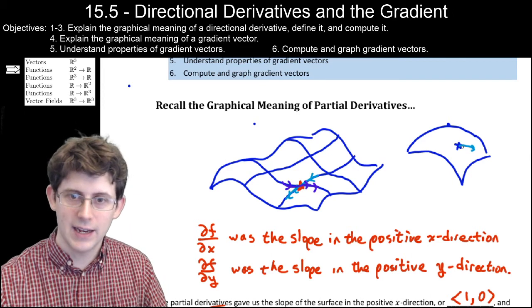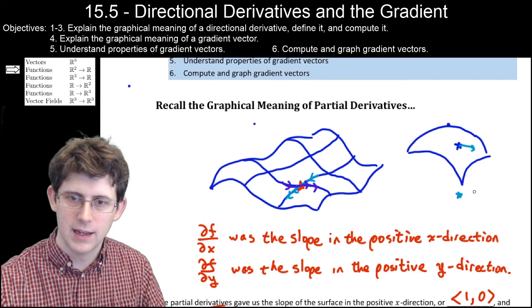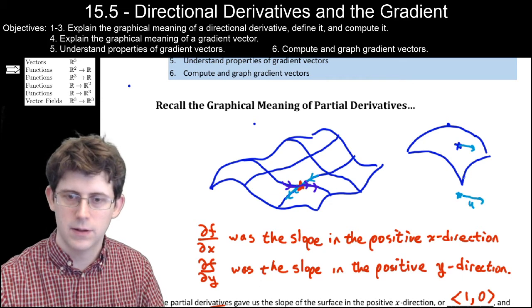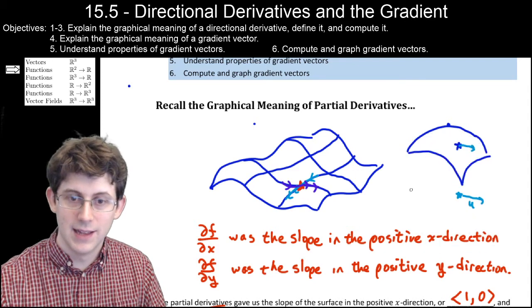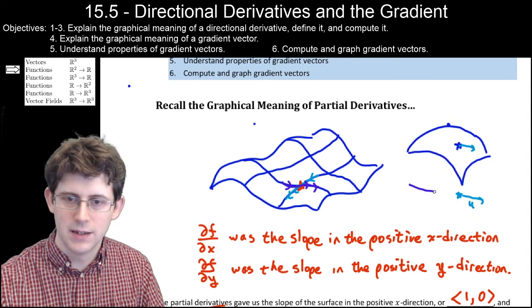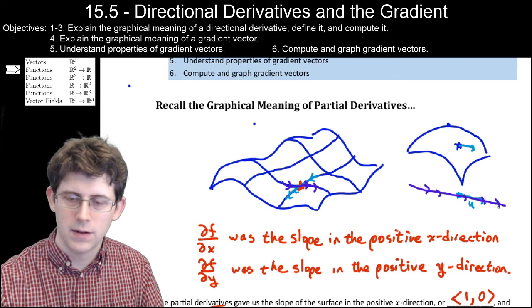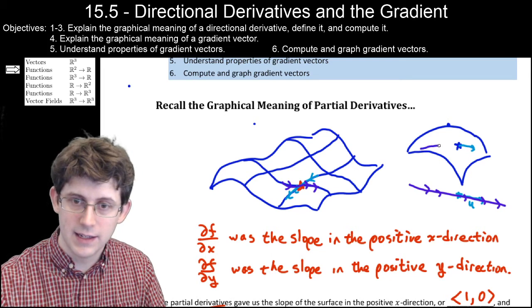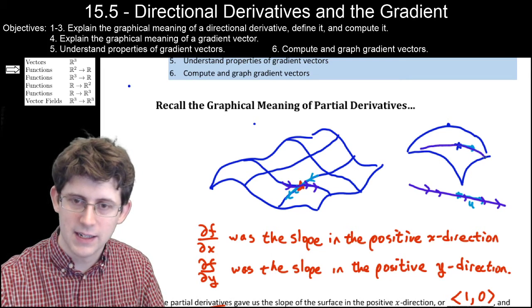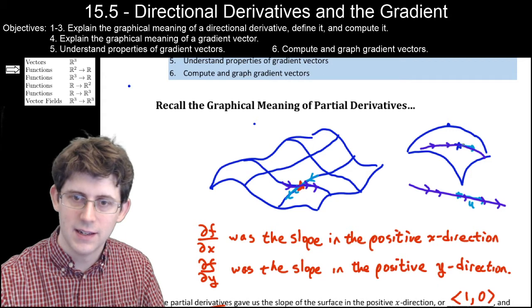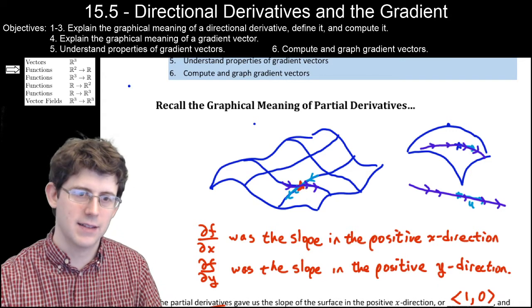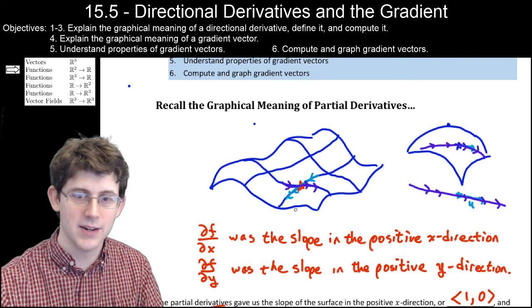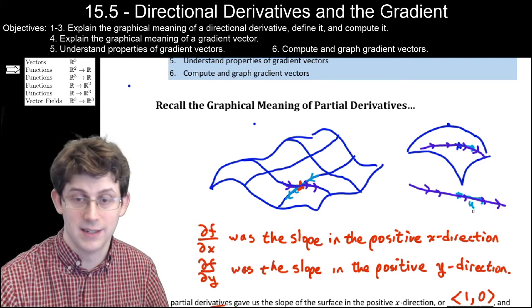To do that, I go down to the xy plane, get that vector u, and then I build a line that goes in that direction. And then I go up onto the surface, and I get this part of the surface that's going in that direction. The same way that I have these paths that go in the x direction or the y direction, now I'll go in the u direction.